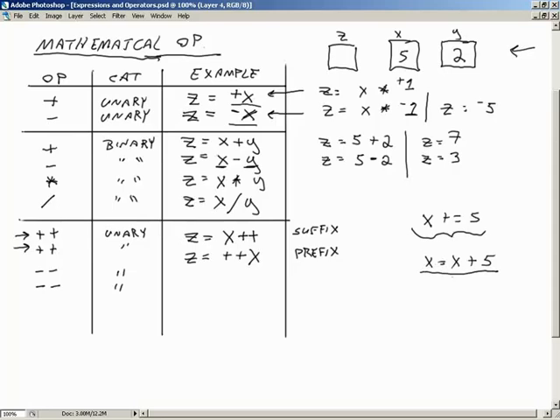So if we needed to find a way to say x equals x plus 1, we could have simply said x plus equals 1, or we could simplify it even more by simply doing x plus plus terminator. And that is simply saying take what is currently in the variable x, increment it by 1, and put it back in the variable x. All right, that's all fine and dandy. But why a suffix and a prefix? Well, this is where it's going to get fun.